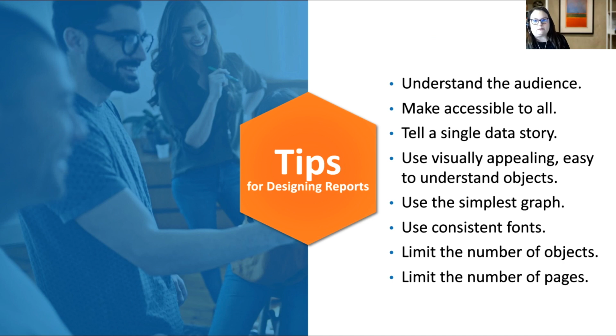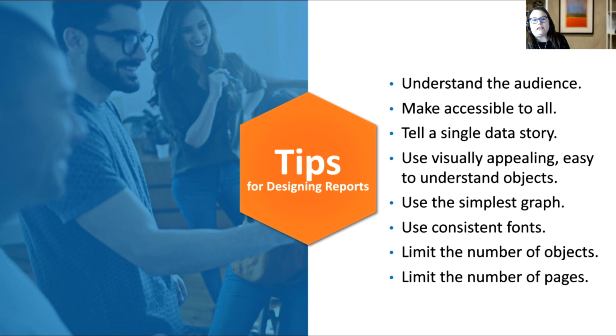A lot of times people overdo it with a report, so keep in mind that your report should be appropriate for the audience. Not everybody will understand the data like you do as a designer. Also, you want it to tell a single story. If you feel like you're going off into tangents or sidebars, you might want to create a second report or a hidden page, which we'll talk about, to showcase that additional information.